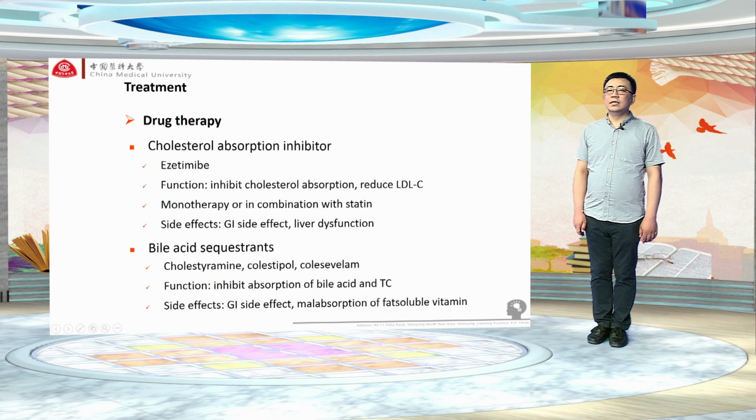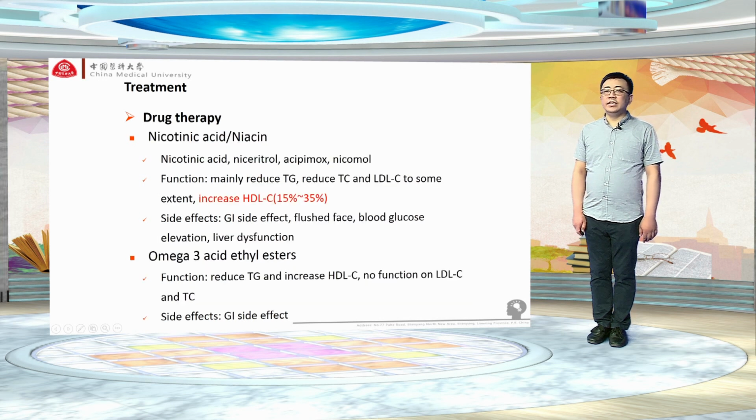Other drugs include cholesterol absorption inhibitors such as ezetimibe, and bile acid sequestrants, and nicotinic acid. It can increase high-density lipoprotein cholesterol. The side effects of nicotinic acid include GI side effect, flushed face, blood glucose elevation, and liver dysfunction.